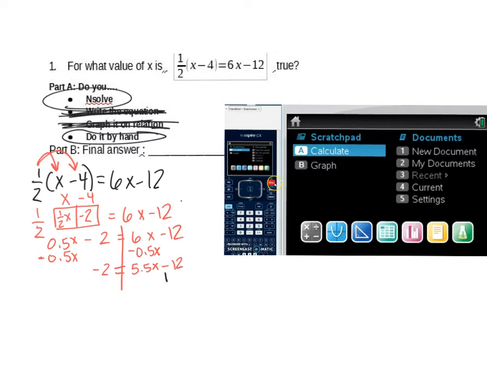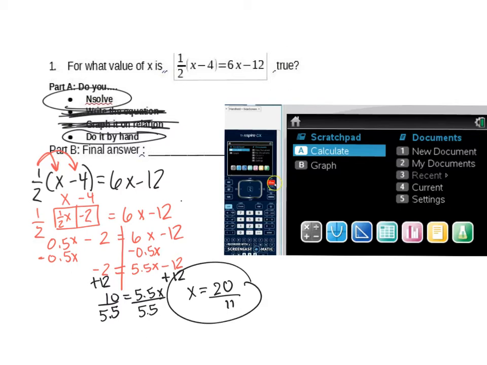Lastly, I got to move my constant, which is 12. So now I have 10 is equal to 5.5x. And then I'm going to divide it by 5.5. And when I put that in my calculator, I get 20 over 11. So now we're going to check that on nSolve.